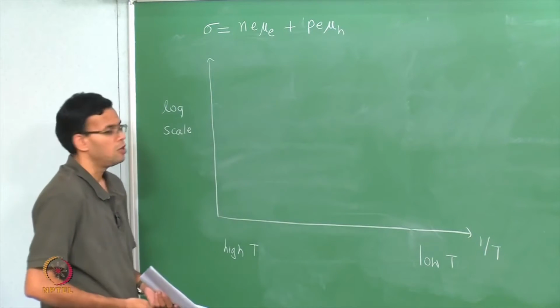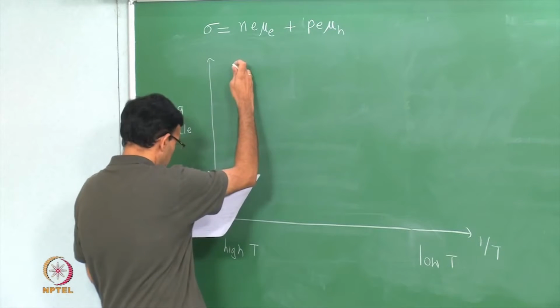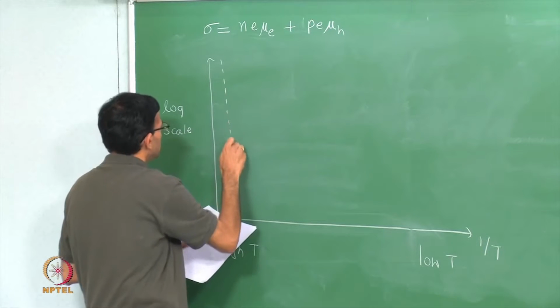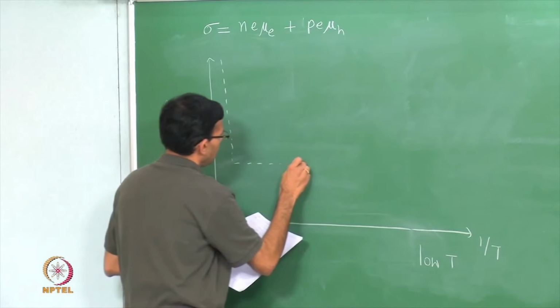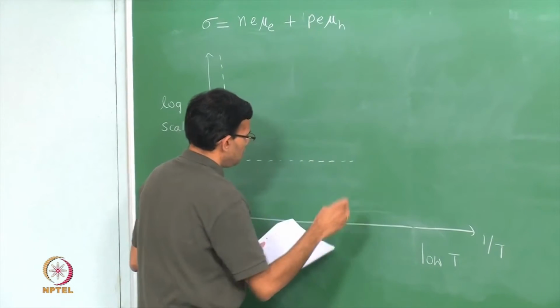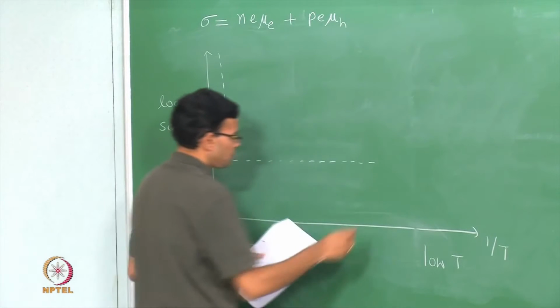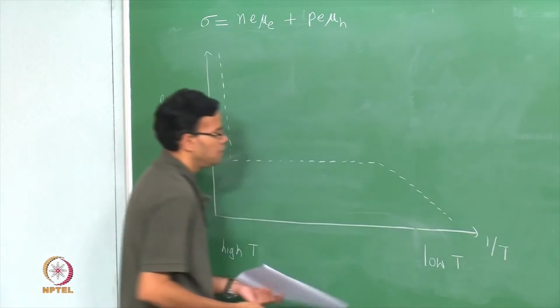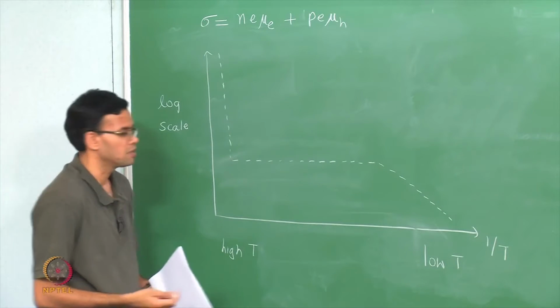If we plot log of the carrier concentration, then this is similar to what we had before. At high temperature you have an intrinsic contribution, you have a saturation region where the concentration is nearly a constant, and then you have a low temperature region where it is due to ionization of your donors or acceptors.